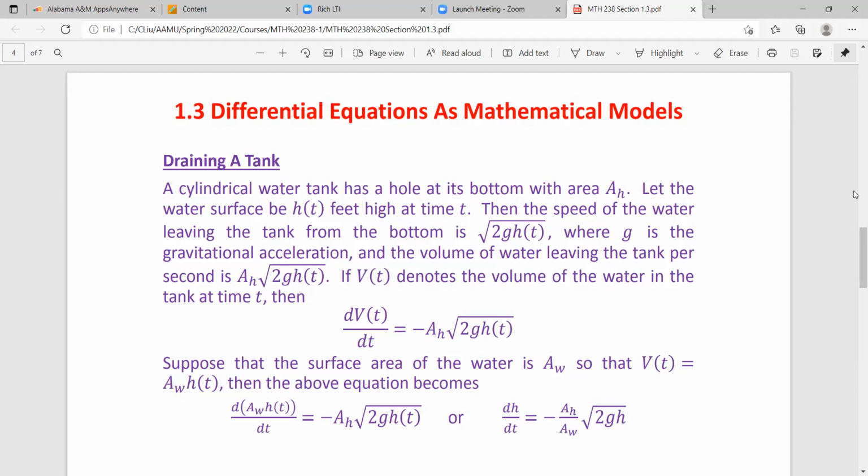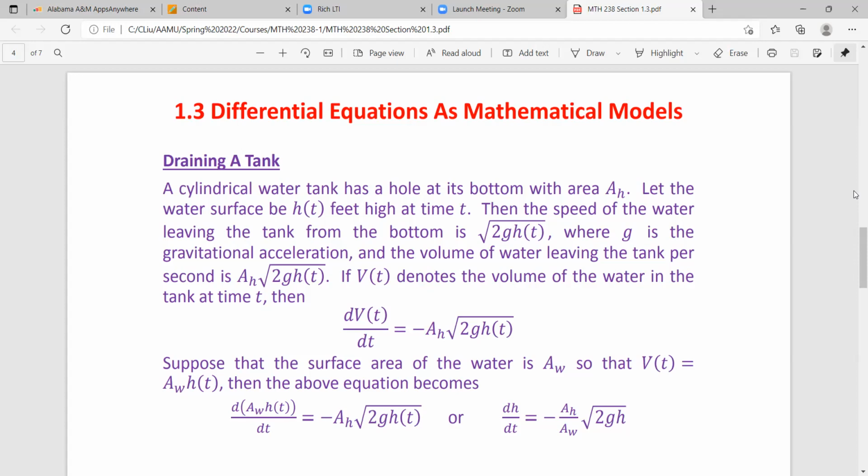So that sets up an equation, a differential equation of the height h. The rate of change of the height of the water in the tank with respect to time t. Okay.